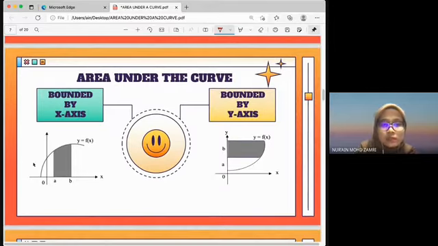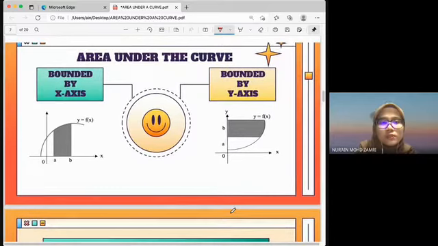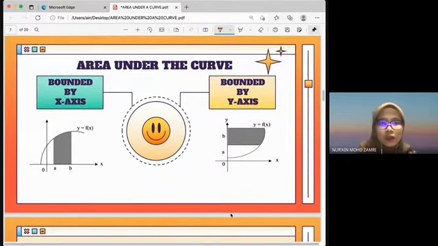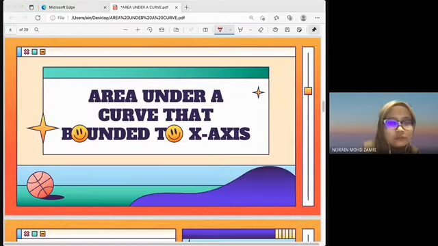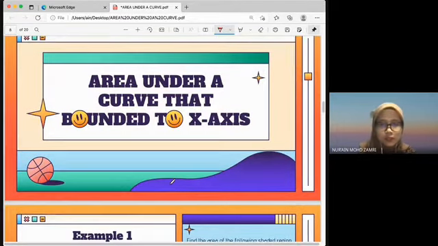This is the graph that you can see in front of you. Can you see? Yes. Let's proceed to the first one, which is bounded by the x-axis. The first one is area under a curve bounded by the x-axis. To find the area, we will use definite integrals, like we just recapped.